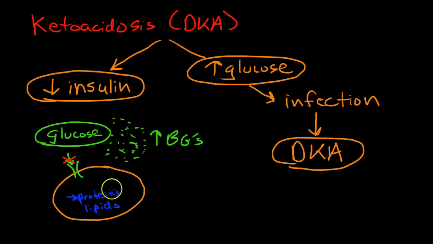Now when they do that, our bodies can work fine with just proteins and lipids, but one of the byproducts of metabolism of proteins and lipids is ketone bodies, or keto acid.